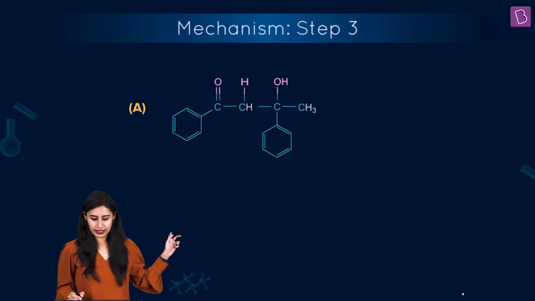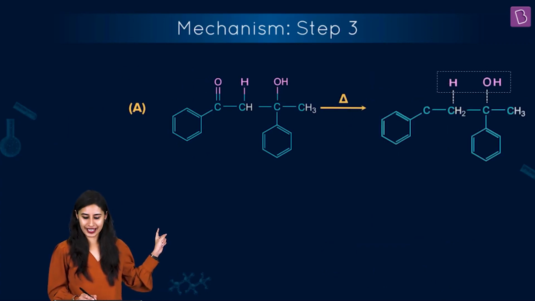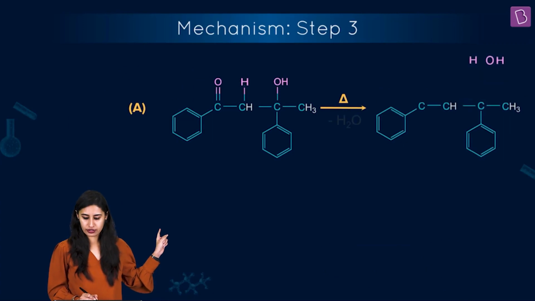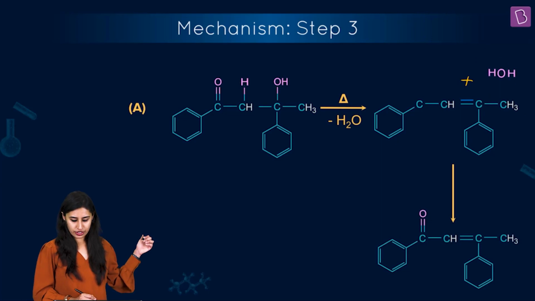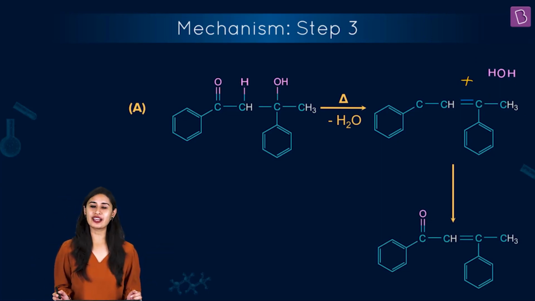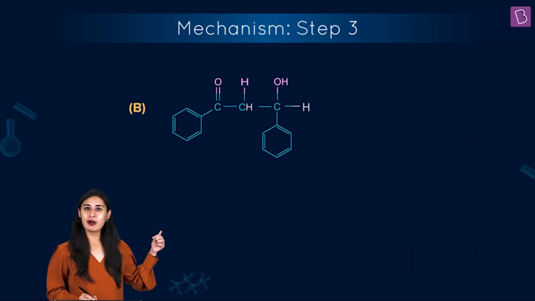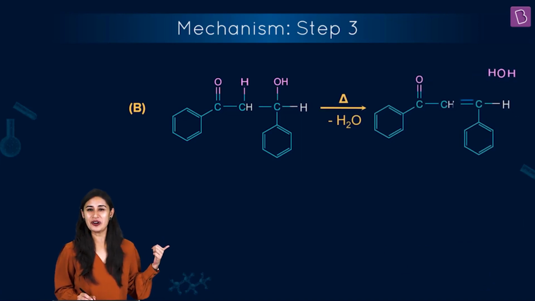So this is step 3 now happening. Please check dehydration on heating, so that we get an alpha beta unsaturated carbonyl compound. Check it out, this is the product that you get. Whereas the same nucleophile was attacking the benzaldehyde, the alpha beta unsaturated carbonyl compound that we get is different here.